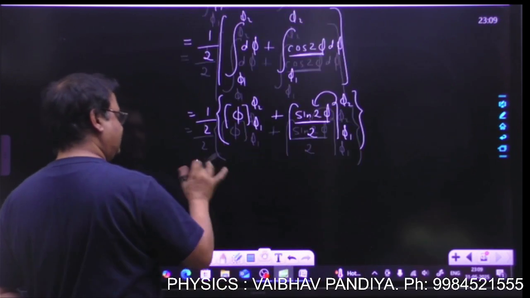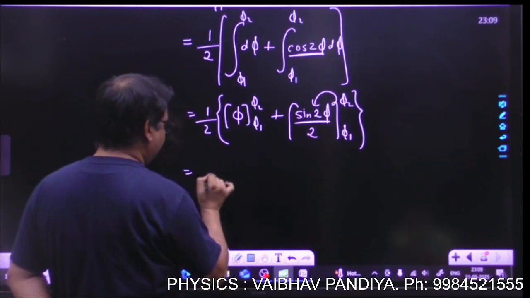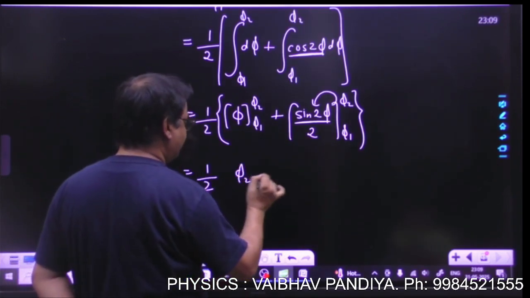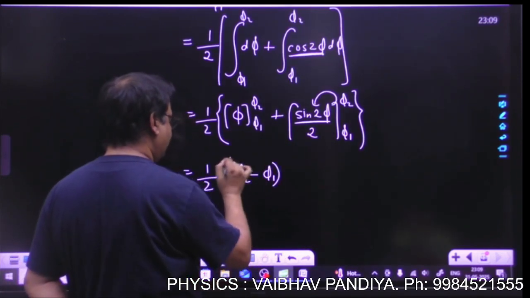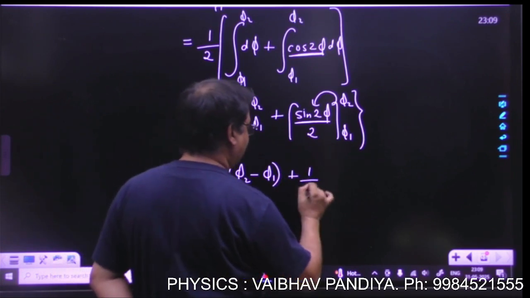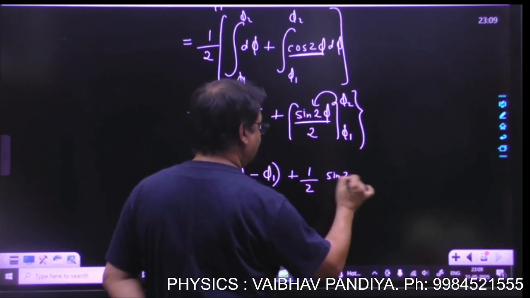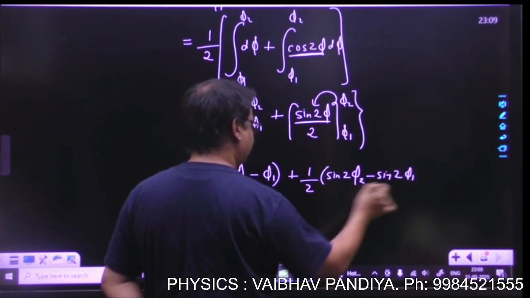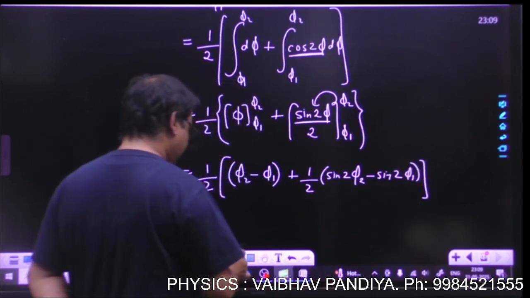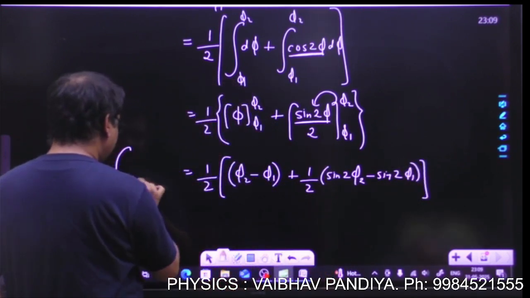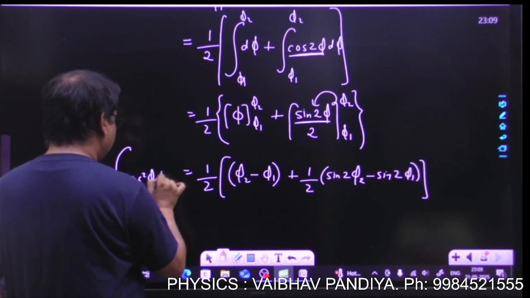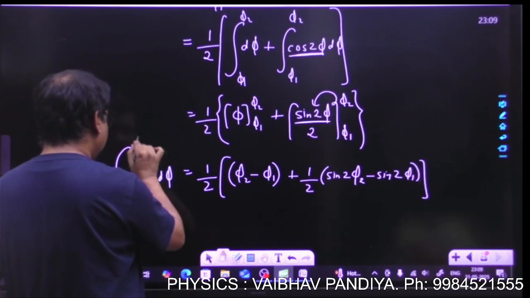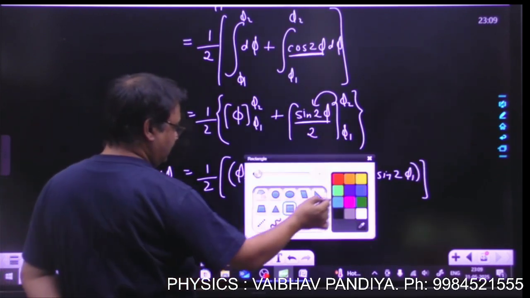So this integral will come to be half phi 2 minus phi 1, okay, plus half sin 2 phi 2 minus sin 2 phi 1, got it? So this is the value of the integral of cos square phi d phi from phi 1 to phi 2.